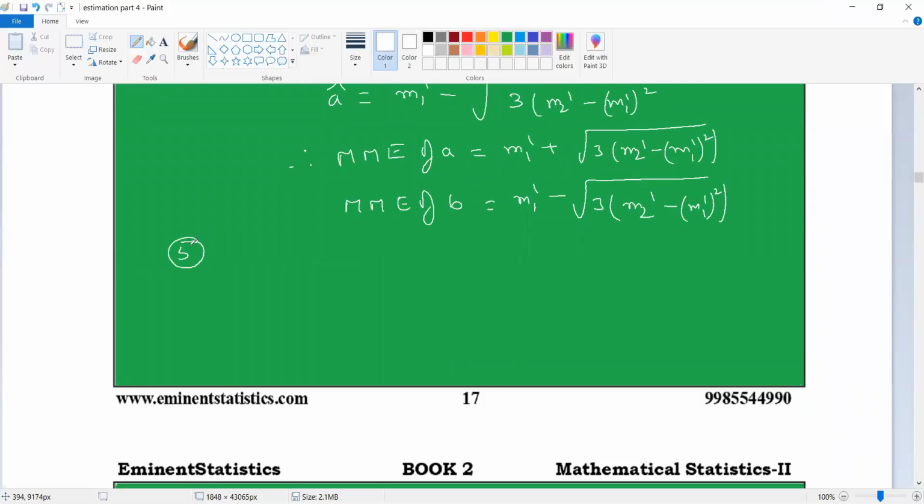Example 5. Let xi follow normal distribution with mu comma sigma square, i is equal to 1 to n. Find the MME for mu and sigma square.